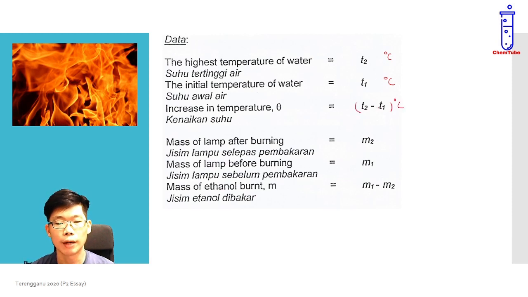After that you can use the unknowns for your calculation. The mass after the burning is m2 gram, and before is m1 gram. So the mass of the alcohol burnt is m1 minus m2 gram. So we can use the data here for your calculation.